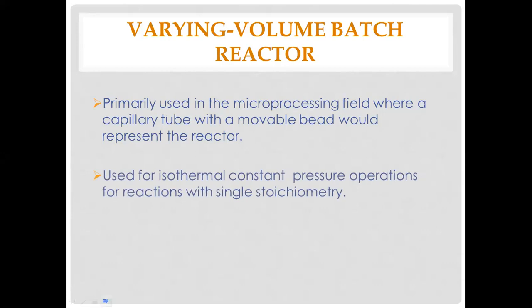This is also used for isothermal, constant pressure operations for reactions with single stoichiometry. Take note of the term single stoichiometry: the problem will not require you to prove a particular rate equation provided together with a set of reactions.